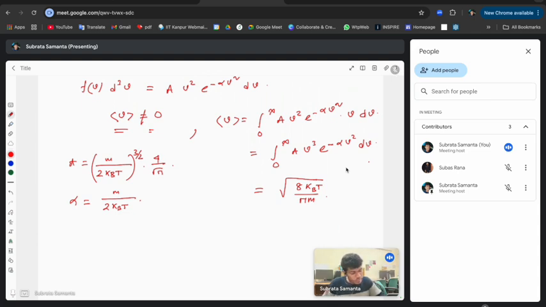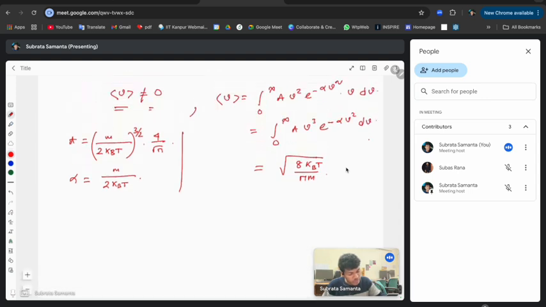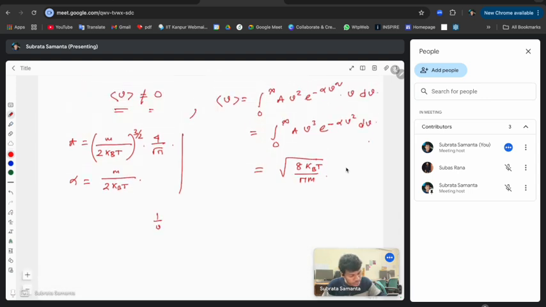So now if you compute 1 over V average, what is the value of 1 over V average? First of all, I am telling you that this is not equal to 1 over V average. We will check.